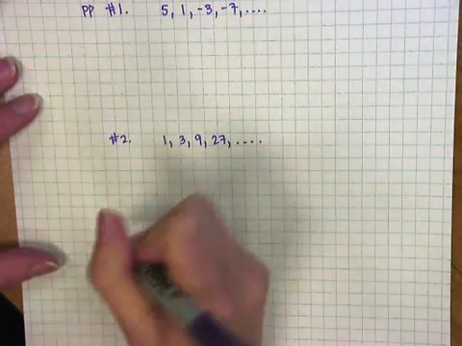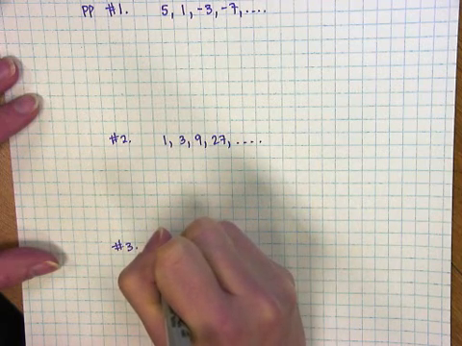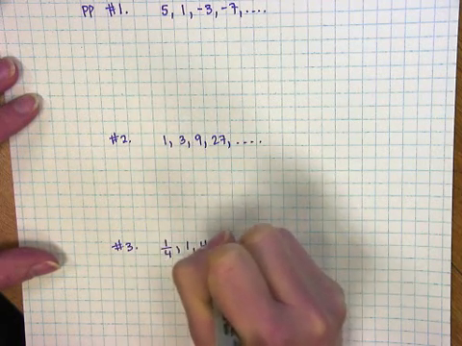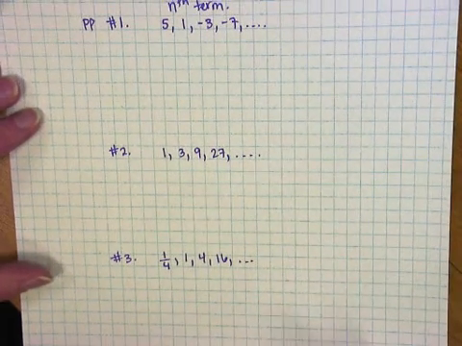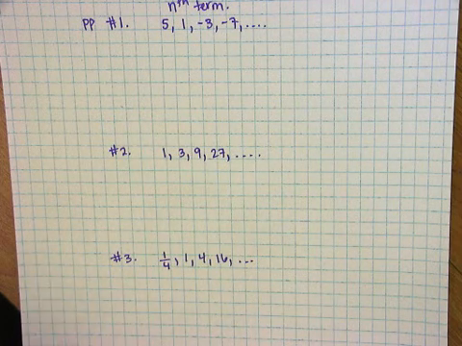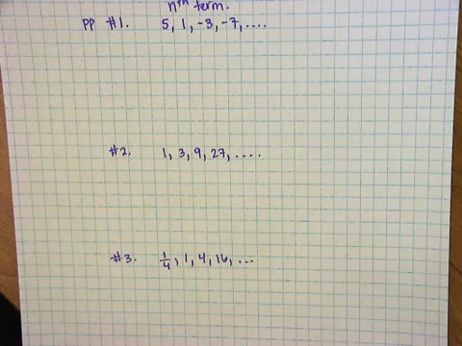And the third practice problem is 1/4, 1, 4, 16, etc. All right? So pause the video right now, do these practice problems, and then once you get done, turn the video back on and you can check your answers.